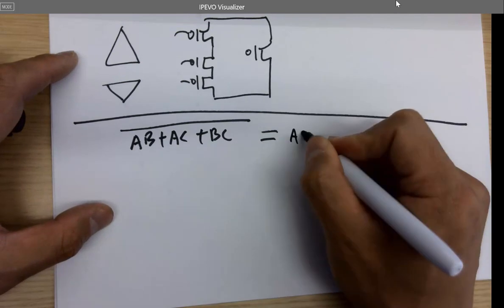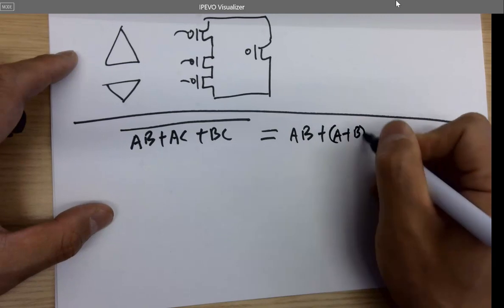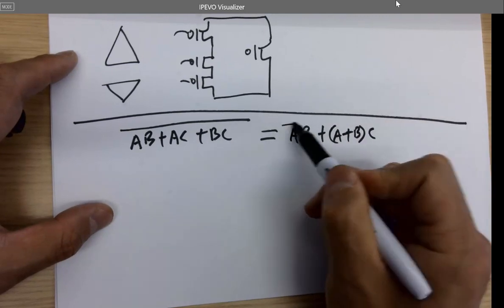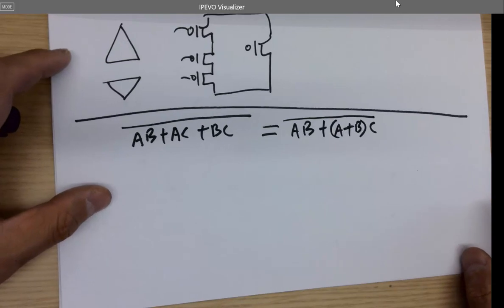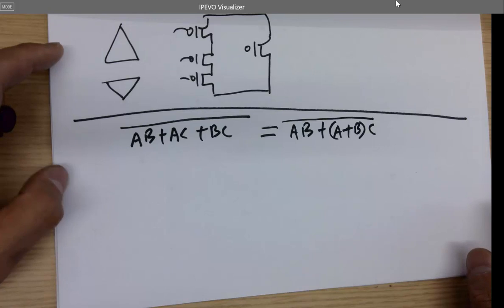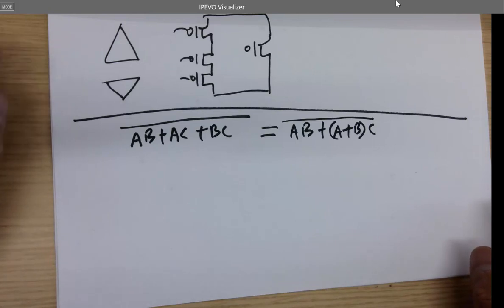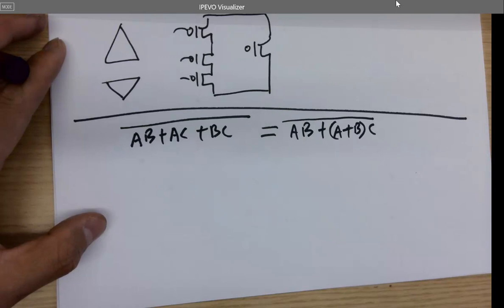Maybe AB or A or B, C. So AB definitely will be like a NAND gate.